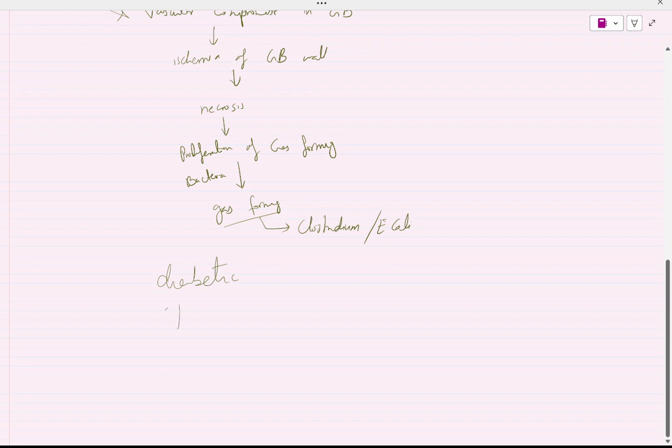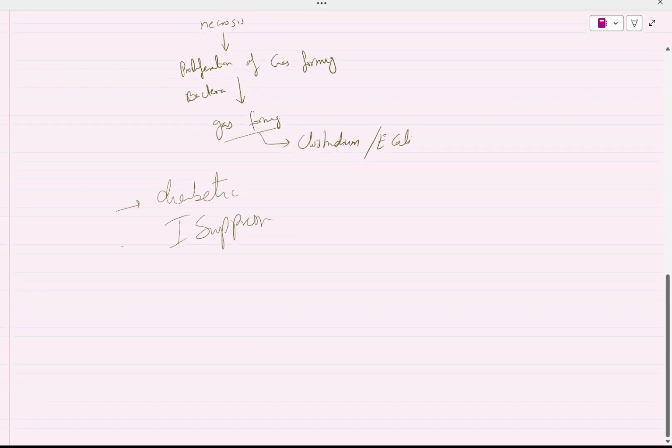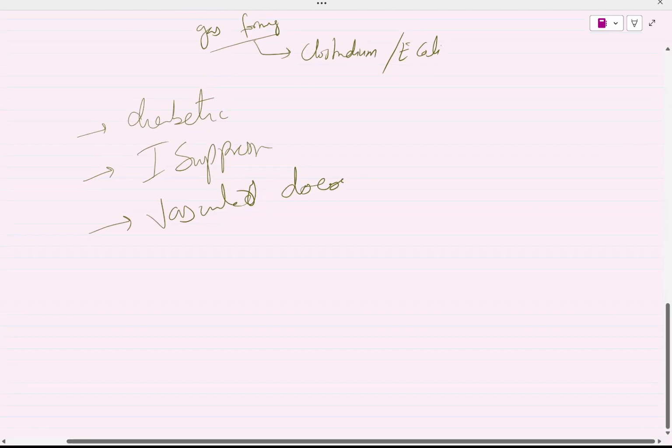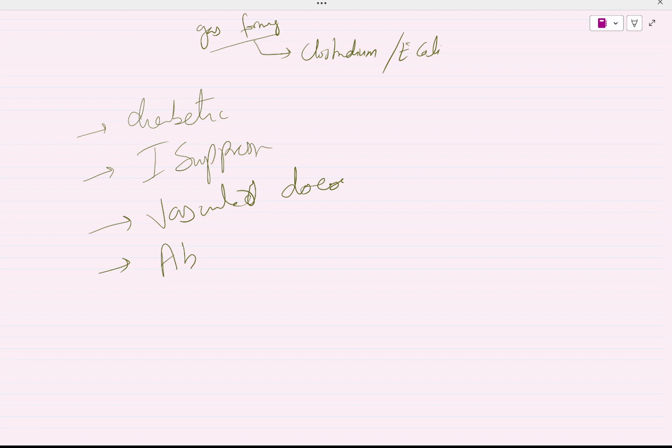Next is an immunocompromised patient with low immunity. Next is any vascular disease like atherosclerosis, embolism or vasculitis. The last risk factor is a patient who comes to you after abdominal surgery or trauma.